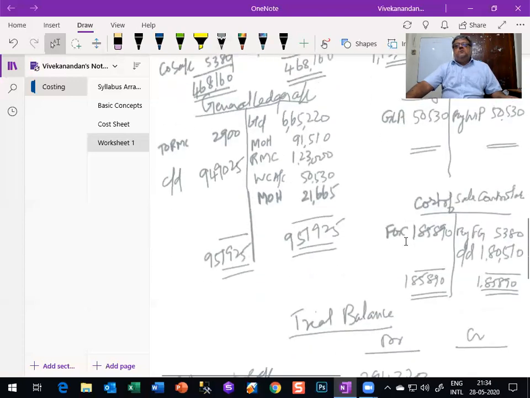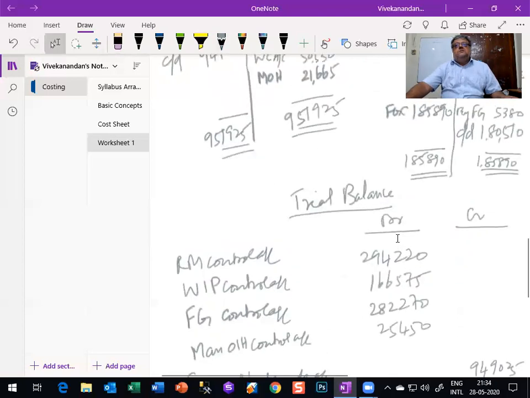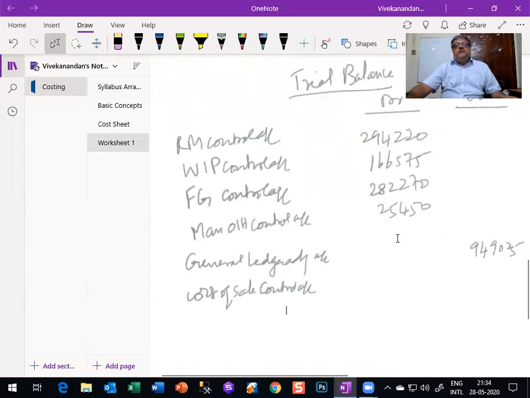Still we have one more. Cost of sale control account. How much? 180,510.